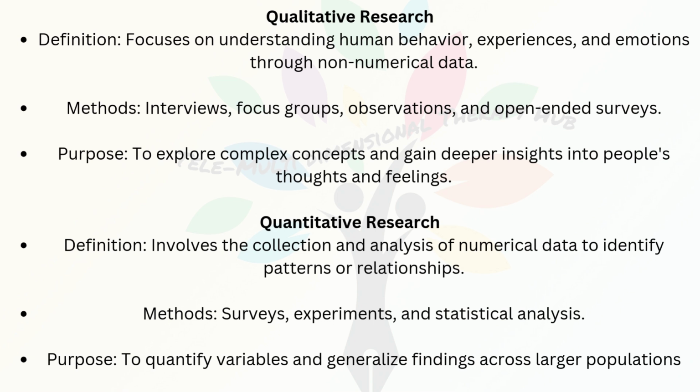But quantitative research is about using numbers to study patterns or relationships. The method, that means how it's done, is surveys, experiments, and statistical analysis. The purpose, that means why it's done, is to quantify variables and generalize findings across a larger population.